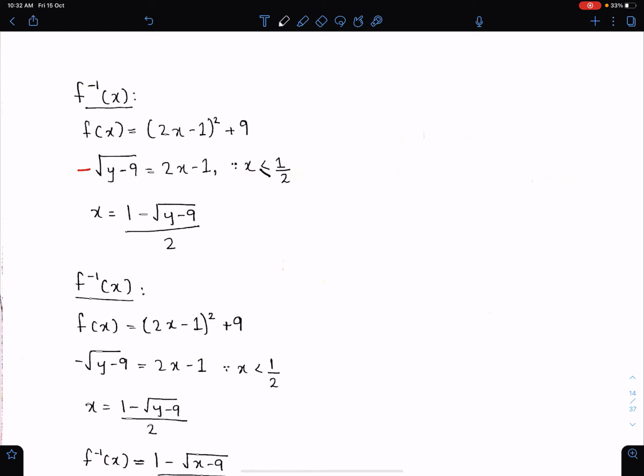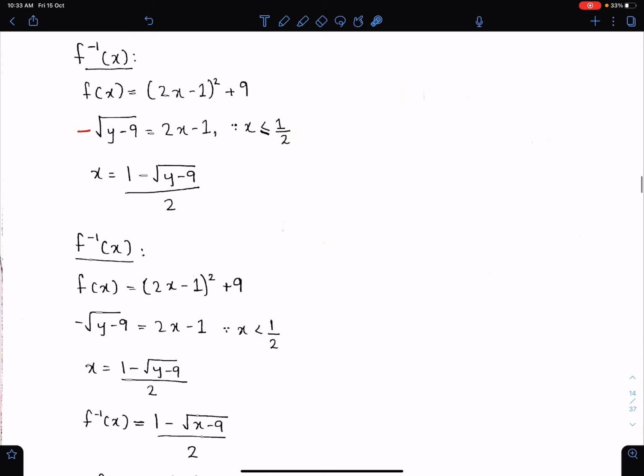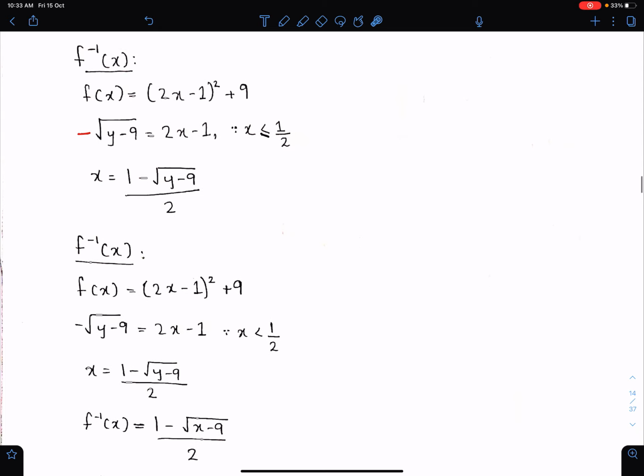According to this domain, x is decreasing. So for f inverse, you have to take negative sign here, and then you need to replace this x by f inverse and this y by x.